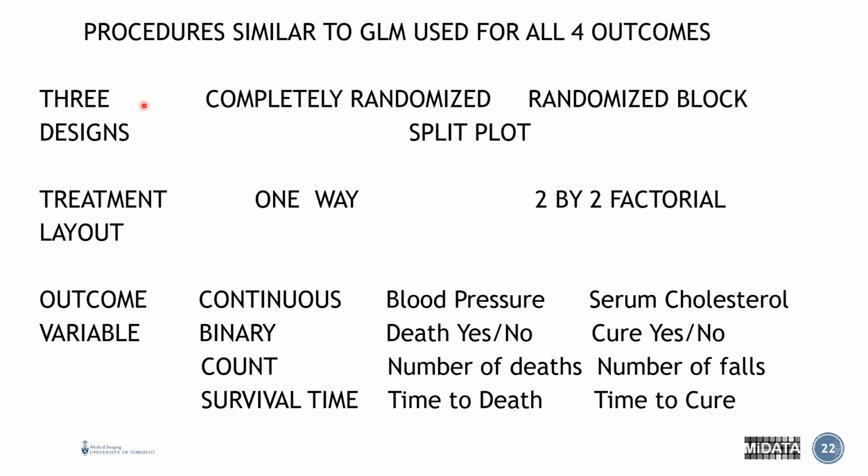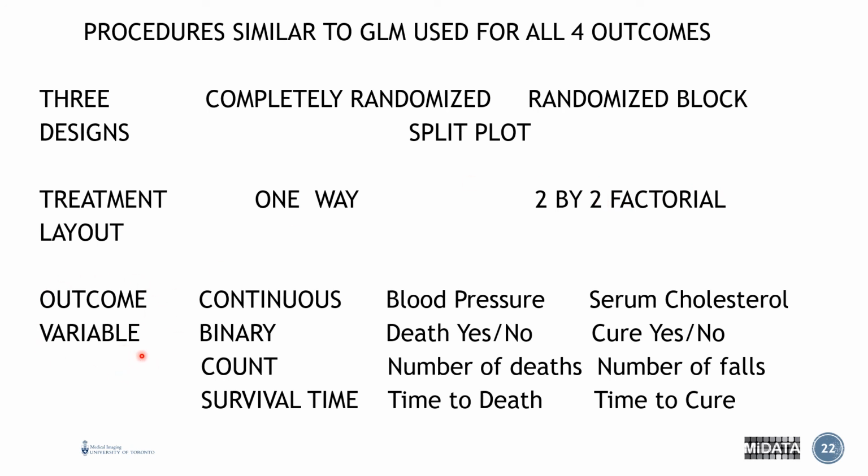So here, for instance, you've seen two of them already. So there are three designs we can have a look at: completely randomized design, the randomized block design, and the split plot design. Now, in terms of a treatment layout, you can have a one-way treatment layout, and you can have a 2x2 factorial treatment layout that we'll also look at.